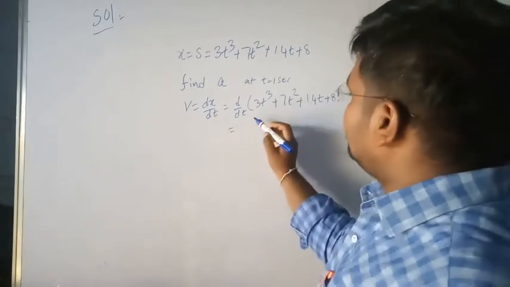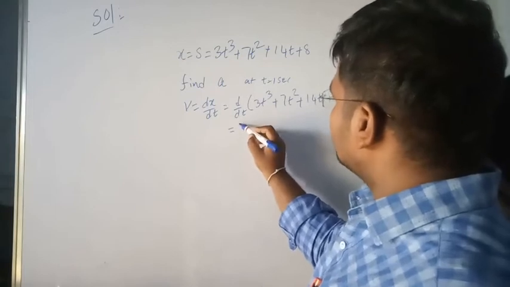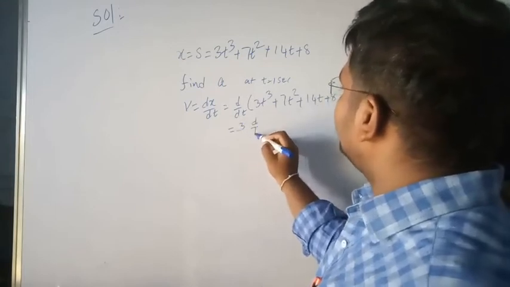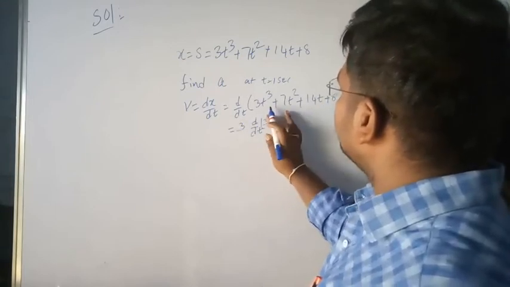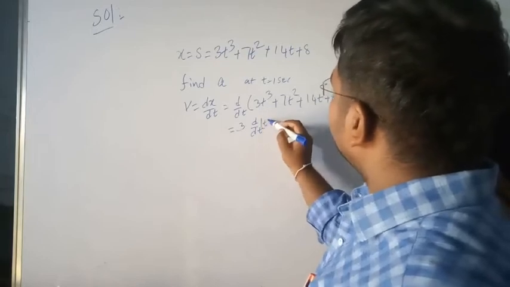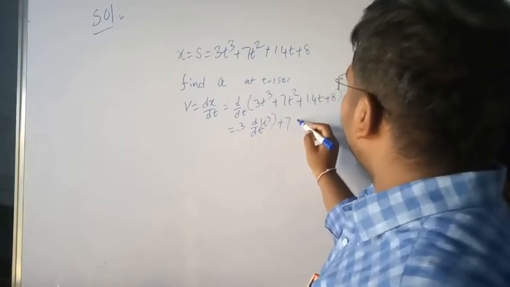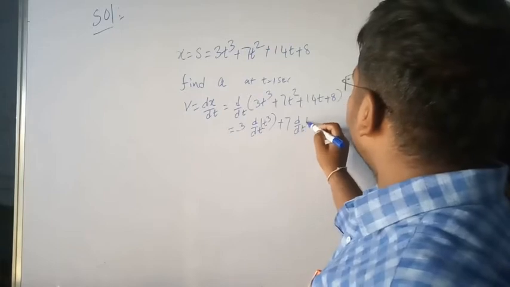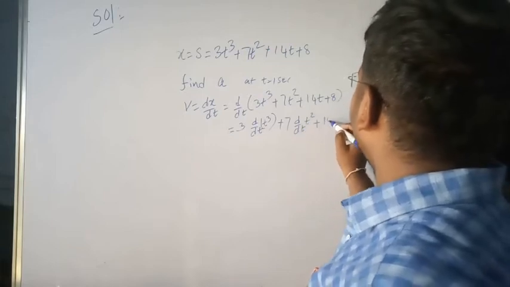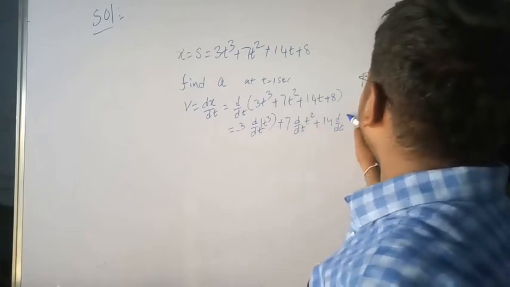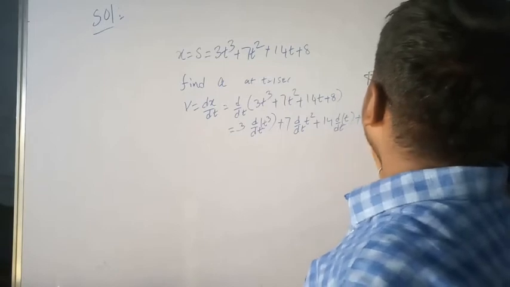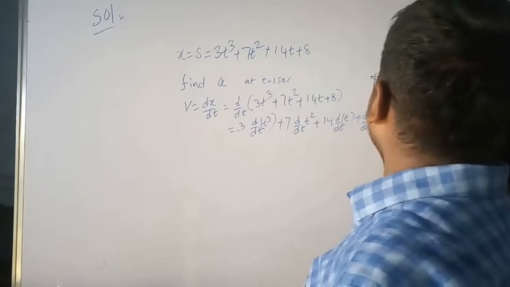We know that 3 d by dt of t cubed plus 7 d by dt of t square plus 14 d by dt of t plus d by dt of 8.